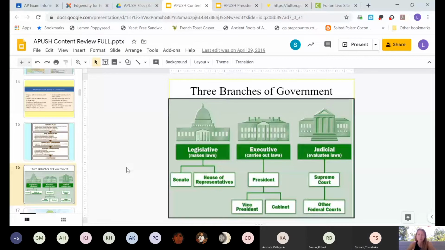Thank you. Okay, sorry. So anyway, the judicial branch has an unlimited term. Once you get there, you can stay there for life. It takes a lot to get rid of a Supreme Court justice, but that's going to check all of the other branches. They can rule decisions and pieces of legislation to be unconstitutional. They get to have the ultimate say. They're the ones that interpret the Constitution, and that's going to change.